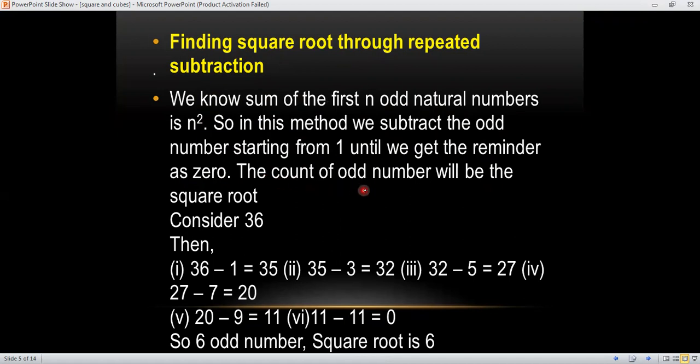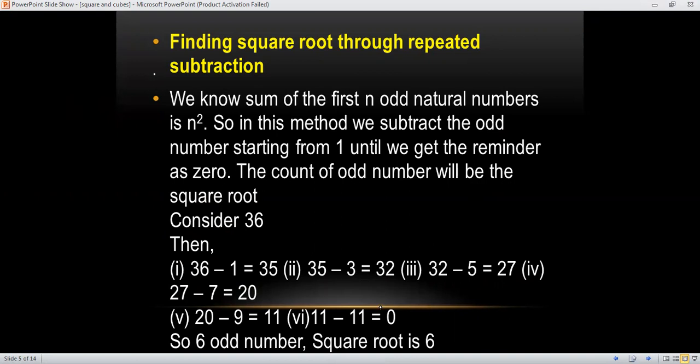The count of the odd numbers will be the square root. Consider 36. Then 36 minus 1, 35, 35 minus 3, 32, 32 minus 5, 27, 27 minus 7, 20, 20 minus 9, 11, 11 minus 11, that is 0.